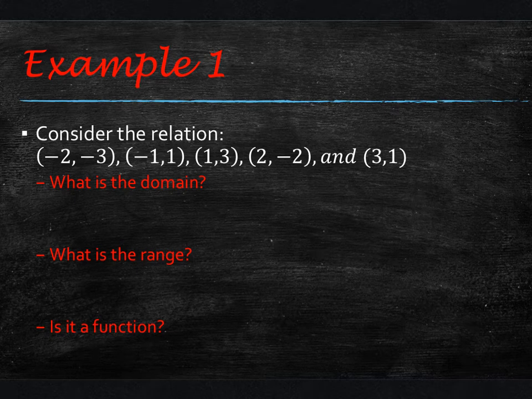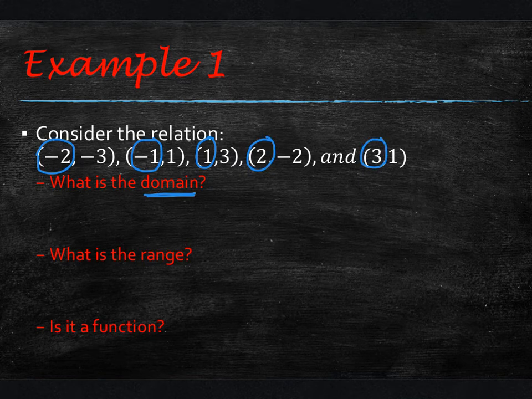So let's look at our first example. We have this relation, which is this list of ordered pairs: (-2, -3), (-1, 1), (1, 3), (2, -2), and (3, 1). First we're going to talk about the domain. What is your domain? Well, remember, domain is your x values. So it's going to be -2, -1, 1, 2, and 3. It's all the x values of those ordered pairs.